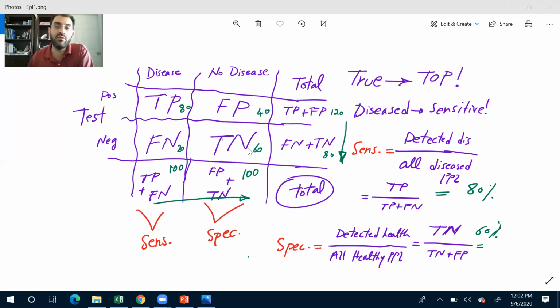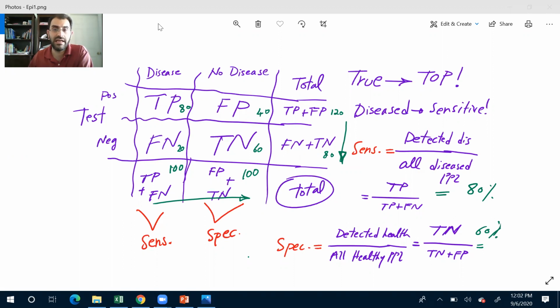Dr. P, if I want to check whether my table is developed properly, 80 plus 40 is 120, 20 and 60 is 80, 120 and 80, 200. 80 and 20, 100. 40 and 60, 100. 100 and 100, 200. So the totals should give you the same number when you double check your table.